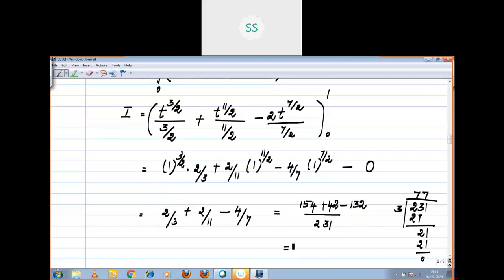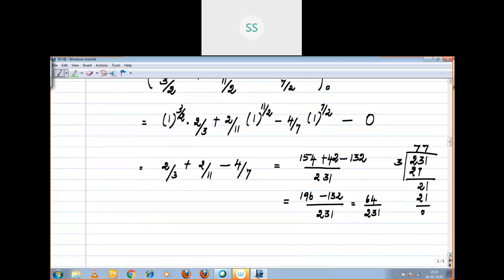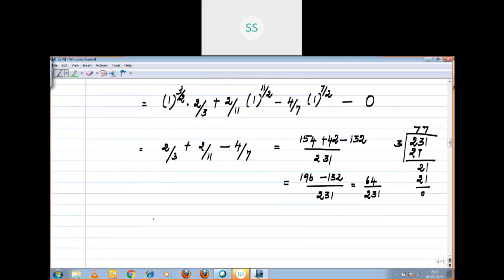Now 154 plus 42, that is 196. 196 minus 132 divided by 231, which is equal to 64 divided by 231. Therefore, I equals 64 divided by 231.